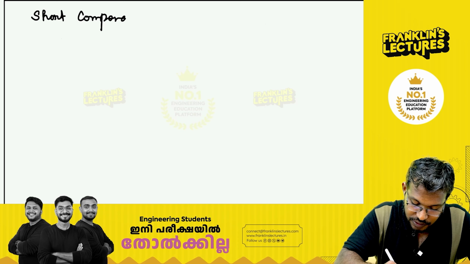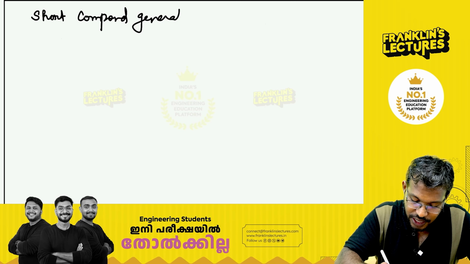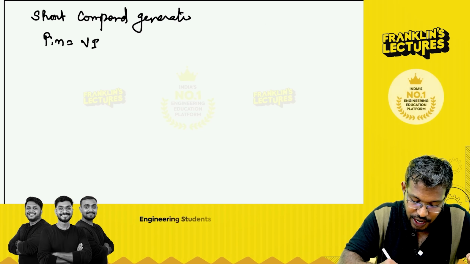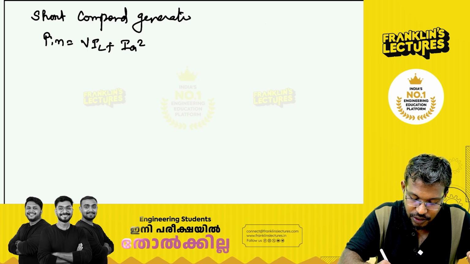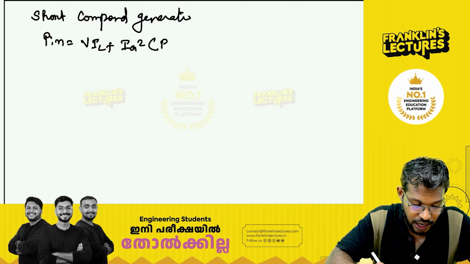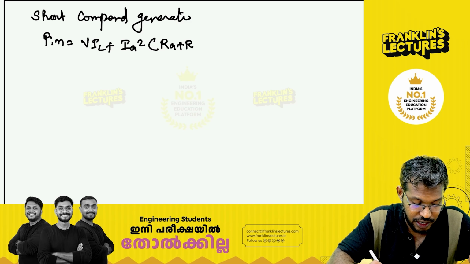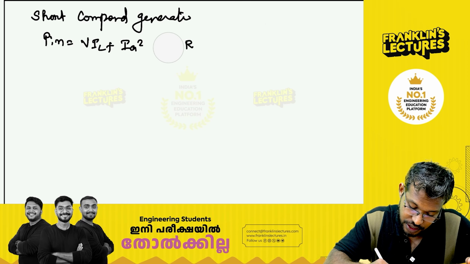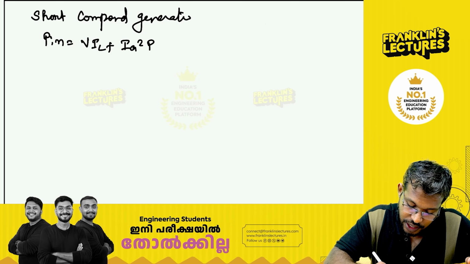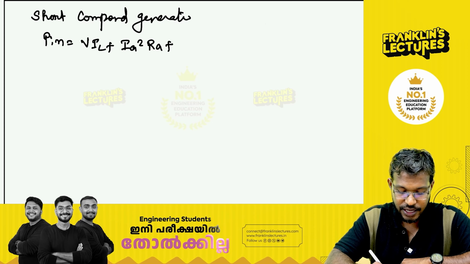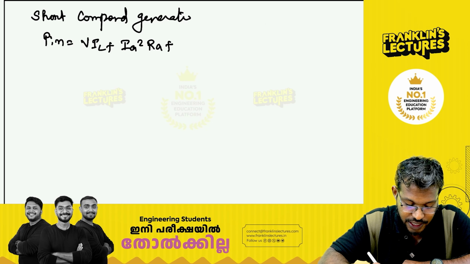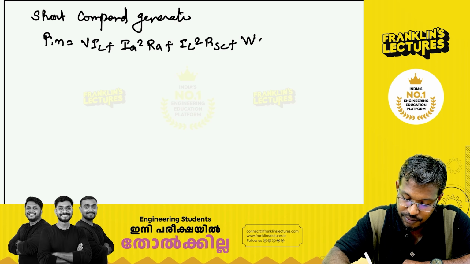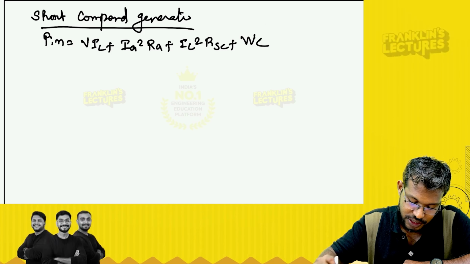For a short compound generator, P in is equal to VIL plus IA square into RA plus ISH, and we have to consider IL square RSE plus WC.